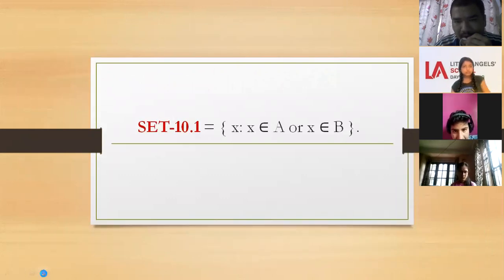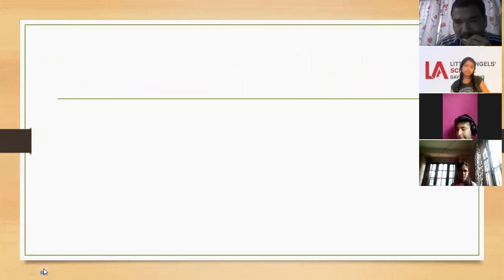Are you looking at the book? Look there. Eugene, are you looking? In question number 1, what is there? Write the set notation to represent the shaded portion in each of the following Venn diagrams. Yes, for that Venn diagram we have to write the set notation. I have just told you on the board.